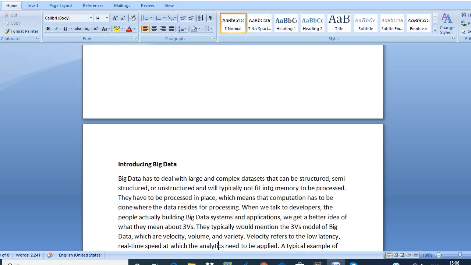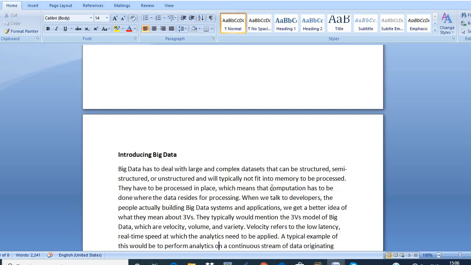So, introducing big data. We have already understood what big data is. In big data, the data will be structured, semi-structured or unstructured, and this data should be processed where it is residing. When we talk to developers, the people actually building the big data systems and applications have a better idea of what they mean by the 3 V's.